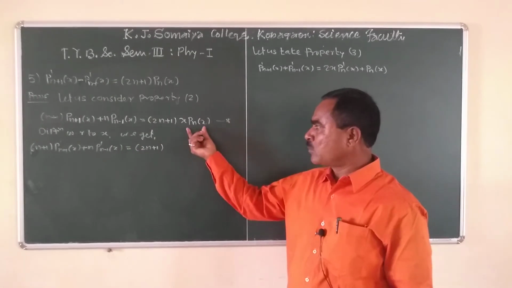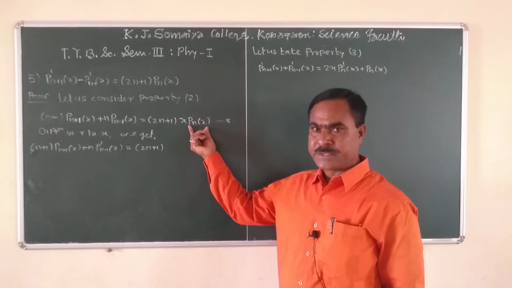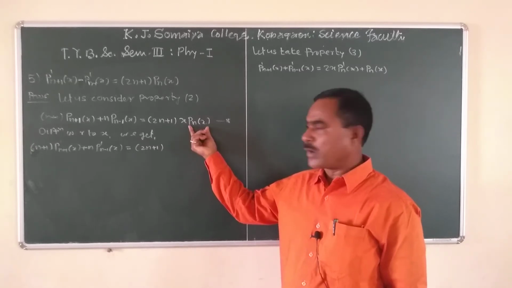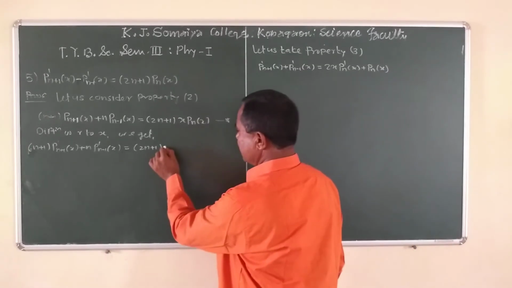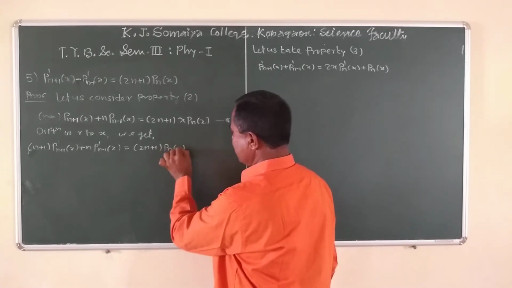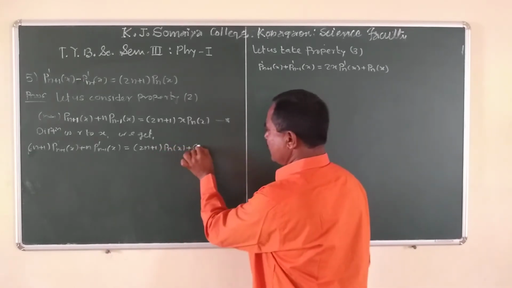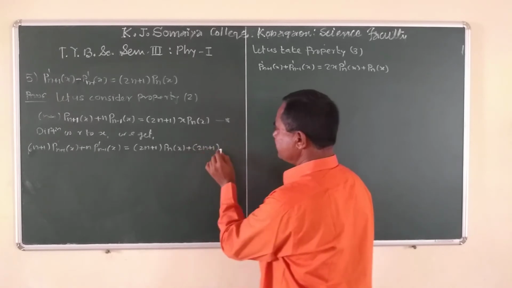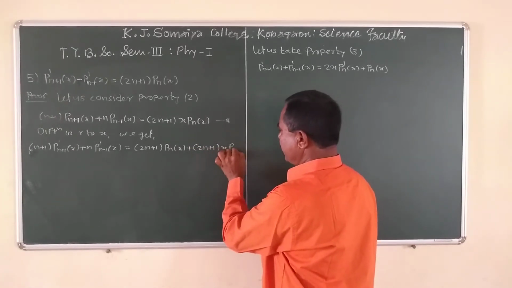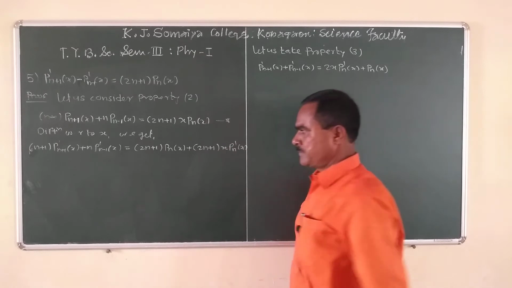Here there are two functions, x and P_n(x), so we use the product rule. So we write P_n(x) + (2n+1) x P'_n(x).